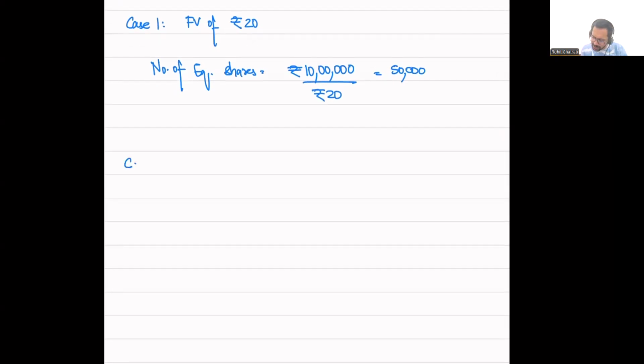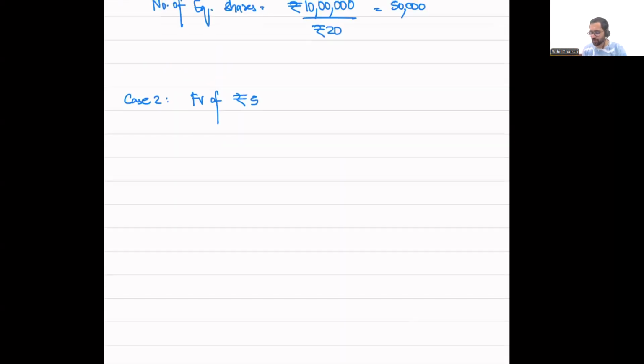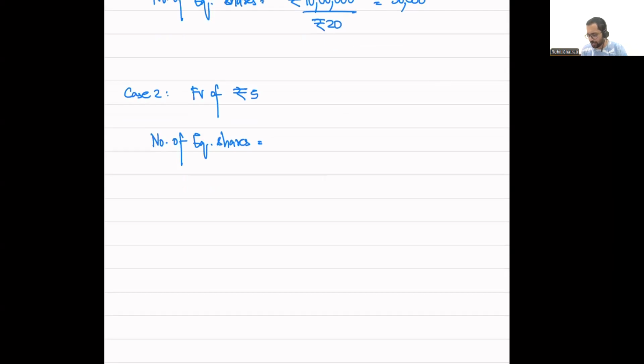Let us say in case 2, the fair value of the equity share was rupees 5. I'm assuming that the fair value of the equity share has fallen significantly and is only 5. In this case, the number of equity shares that the entity will issue will be 10 lakhs divided by 5, that is equal to 2 lakh equity shares.